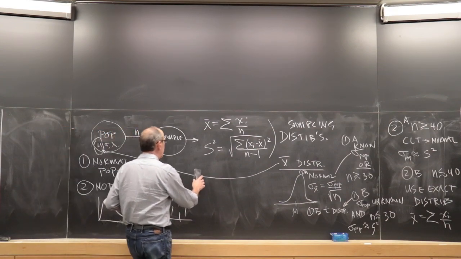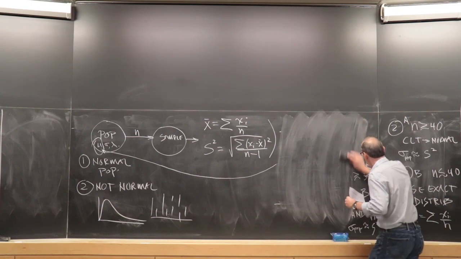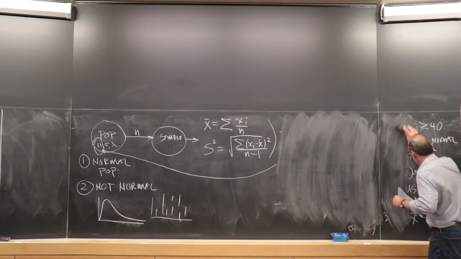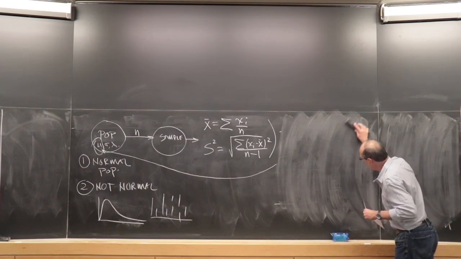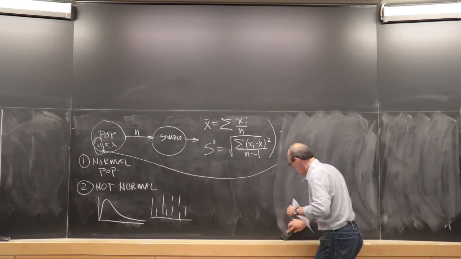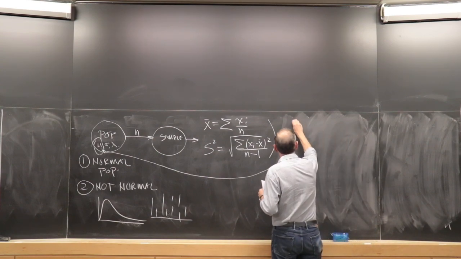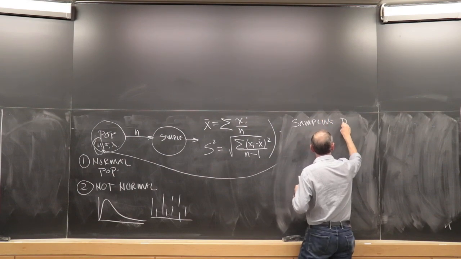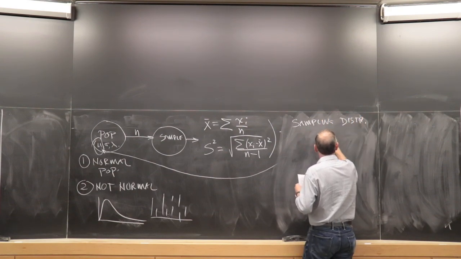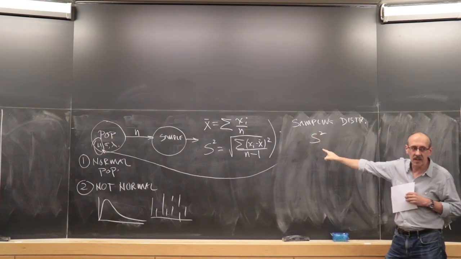Let's see. I think I can leave all this in place up here. So now I want to know the sampling distribution for the sample variance.